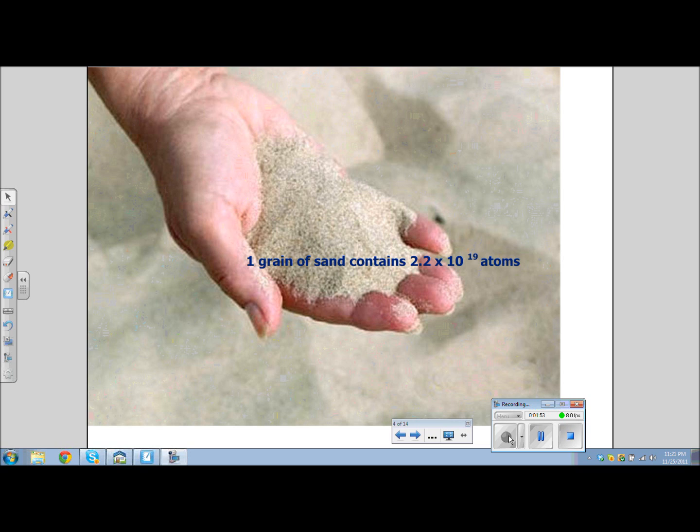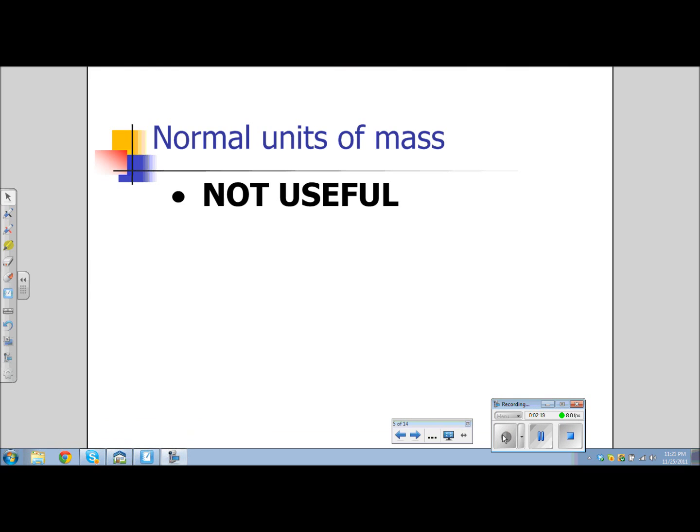I'm talking about pulling out one little grain that contains that many atoms. Because atoms are so very, very, very tiny. The normal units of mass, grams and kilograms, are way too large to be convenient.